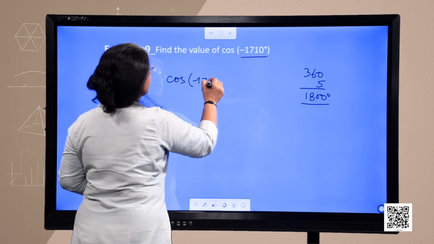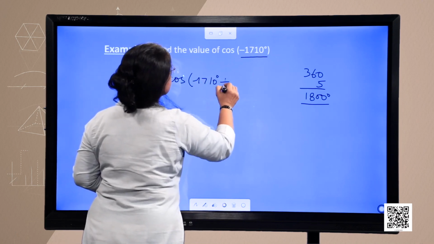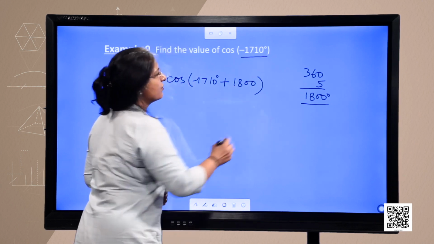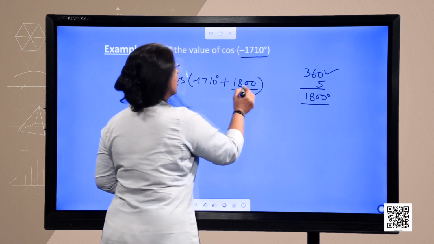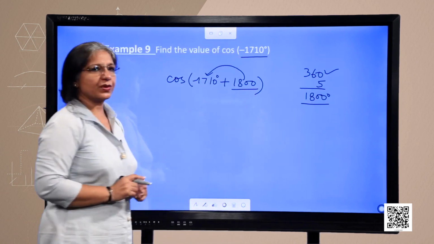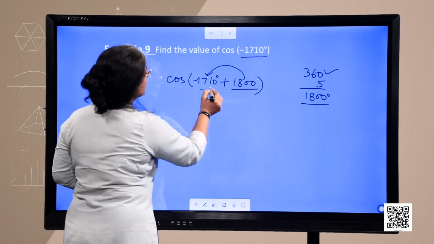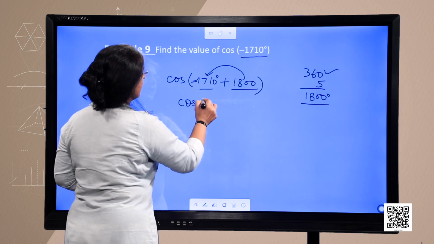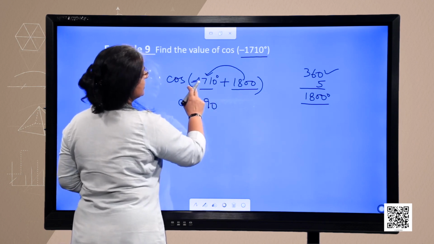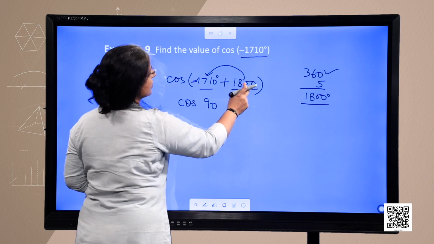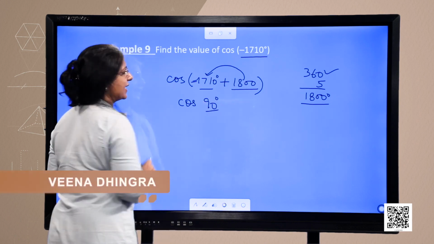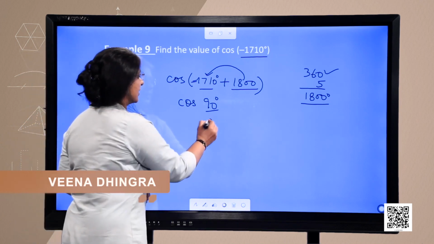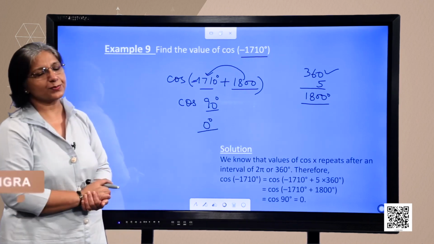Cos of minus 1710 degrees plus 1800, which is a multiple of 360, will not affect its value, but it will help us make this negative value positive, which is cos 90 degrees. If we add 1800 to minus 1710, it will give us cos 90, and cos 90, as you all know, is 0. This is the solution of this problem.